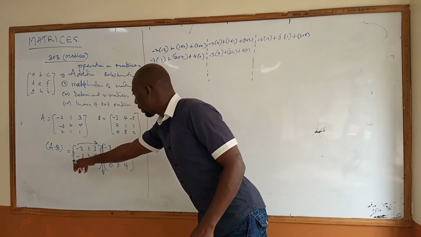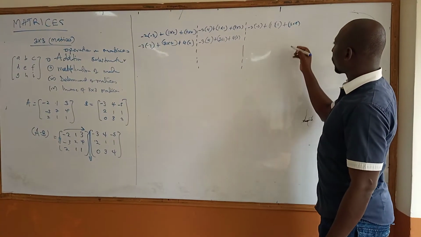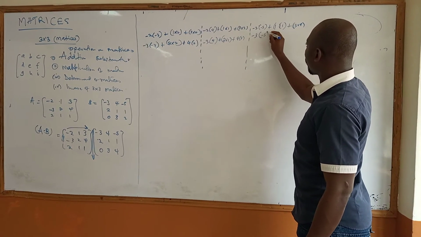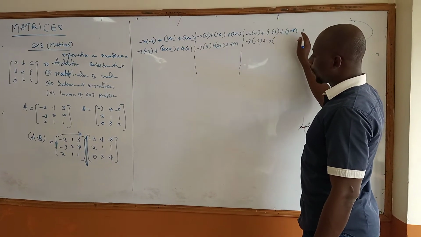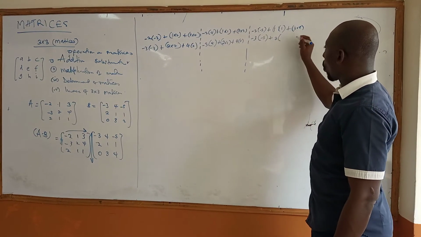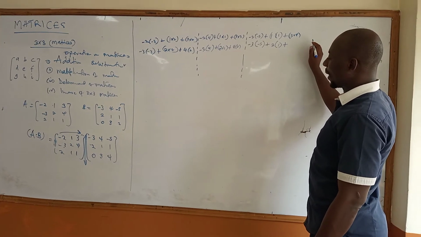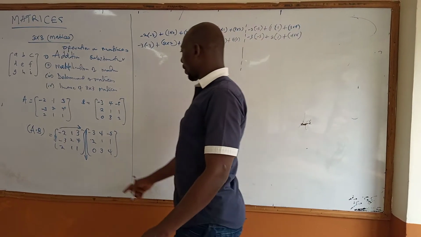Then you take the second row or the middle row by the third column. That one shall be negative 3 multiplied by negative 5 plus 2 multiplied by 1 plus 4 multiplied by 4. So you're done with the second row also.